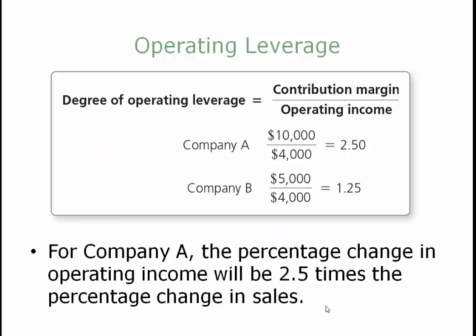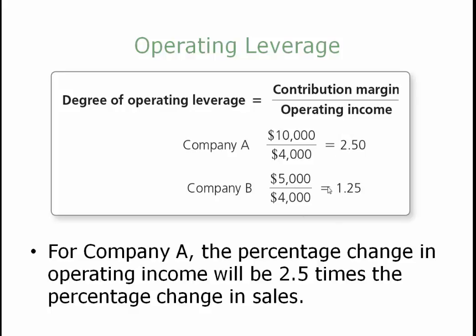If we calculate two different companies and look at the degree of operating leverage, we look at the contribution margin divided by the operating income, which is really a function of the sales. Company A has $10,000 in contribution margin, which tells you that they have a high variable cost. So their degree of operating leverage is 2.5.